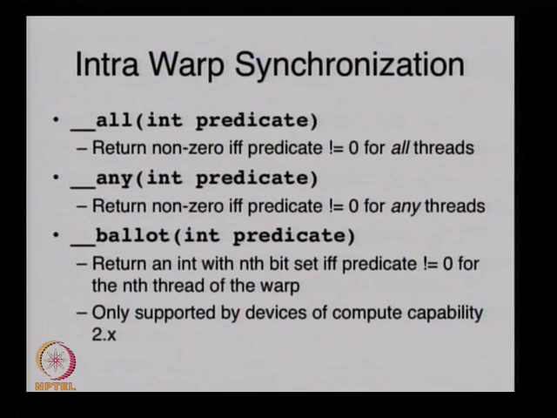You've got a 32-bit integer you're passing, and there are 32 people in the warp. It's going to tell you which of them had a non-zero predicate. That bit will be turned on. So everybody can determine who is voting yes, who is voting no, and then based on that, they can choose to do different things.